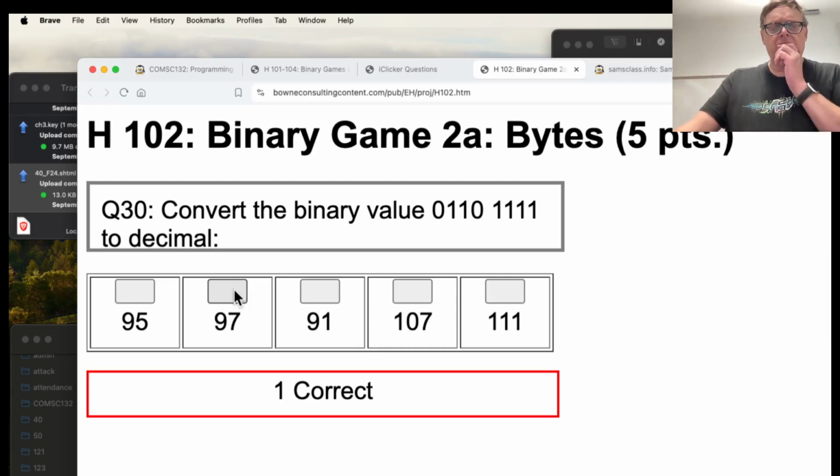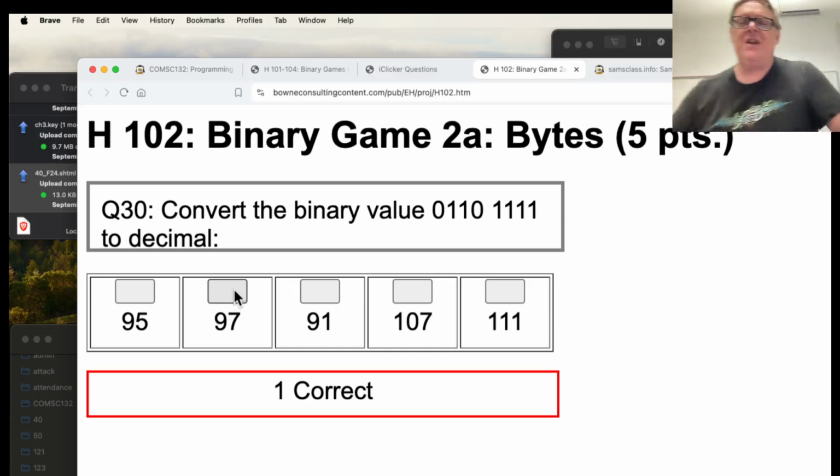Oh, okay, I got it. Got it wrong the first time, but I got it right the second time.